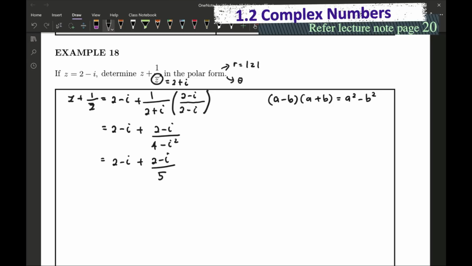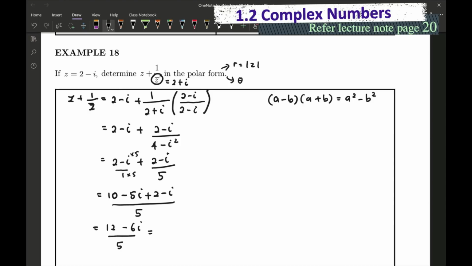Okay, that's not the end of it yet. We need to continue until we get a better complex number. I hope you understand what I'm doing here. So 10 minus 5i plus 2 minus i over 5, and then it will become 12 minus 6i over 5.